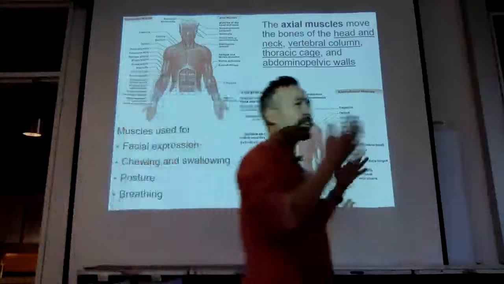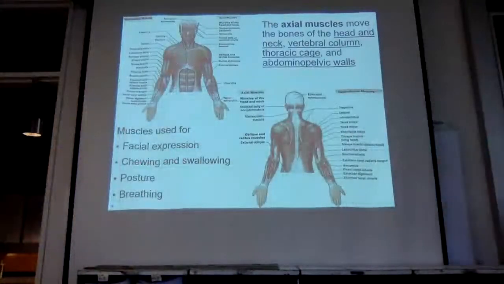It's also not a perfect categorization, because there are muscles used for posture that are also used for your appendicular muscles, for moving your arms or legs. So you're going to see some overlap. But we're going over most of the ones listed here.